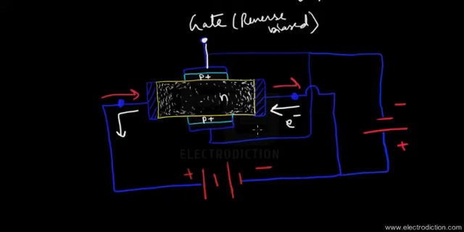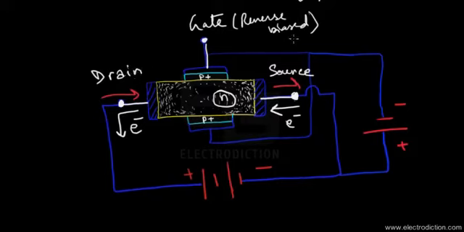From this direction of electron flow, the electrons being the majority carriers of this semiconductor material, the terminal on the right through which the electrons enter the n-type region is referred to as the source. On the other hand, the terminal on the left through which the electrons exit the n-type material is referred to as the drain.